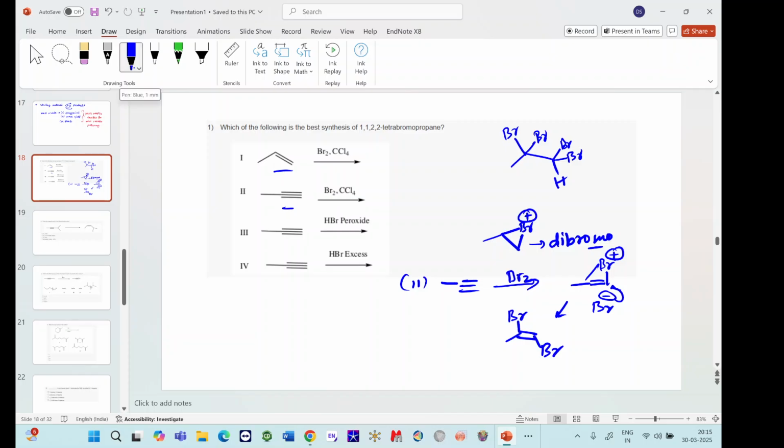Now you can have another bromonium ion formation, so that it can lead to this compound.